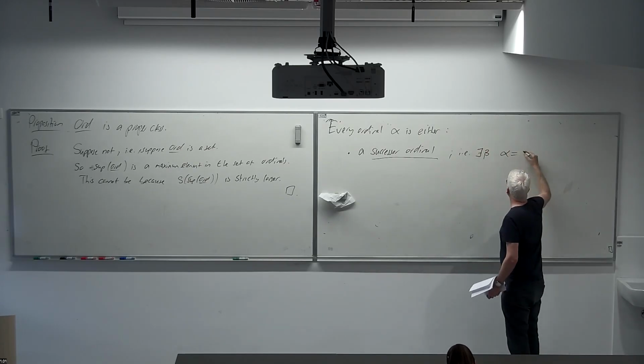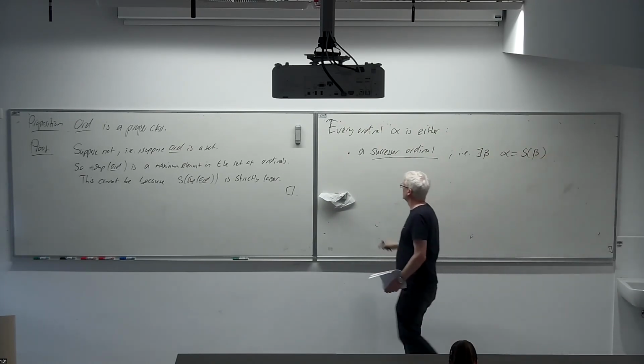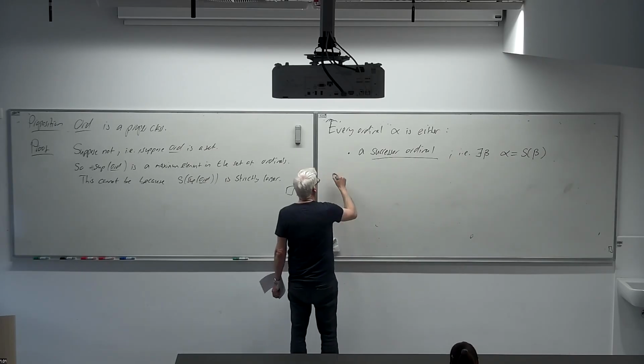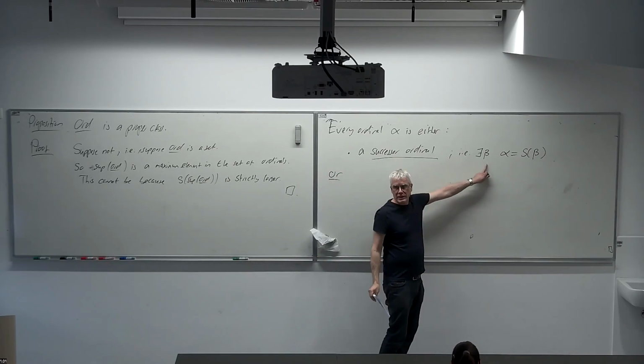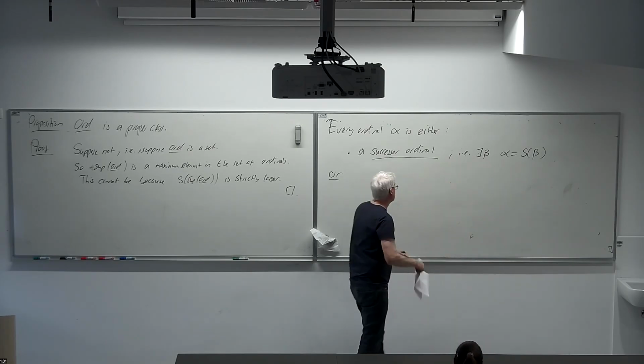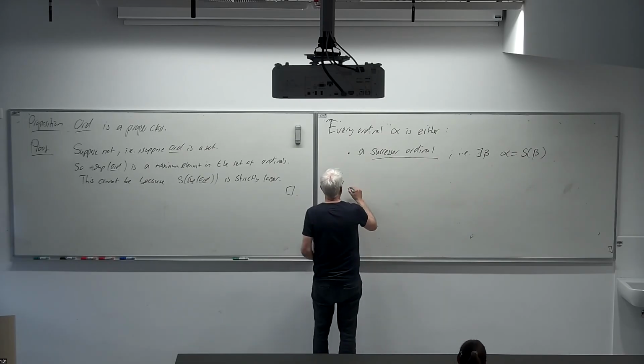So there exists some beta such that alpha is the successor of beta, and such a beta is unique, or it's a limit ordinal.